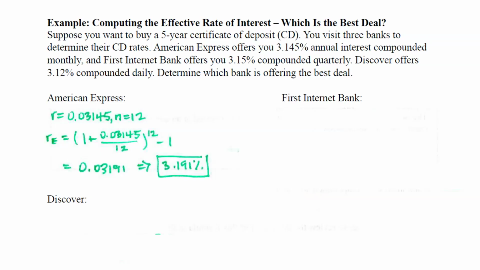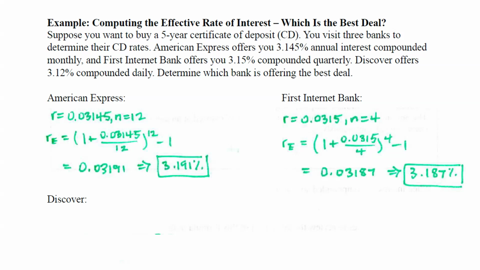Now, First Internet Bank, the R here is 3.15% compounded quarterly. We will then plug in these values into our formula for the R and the N, and we get a return of 3.187%.